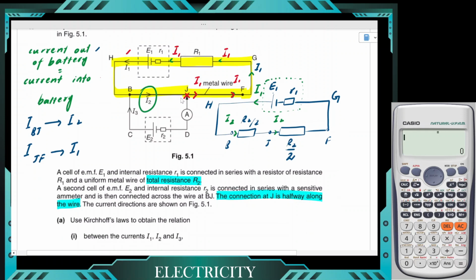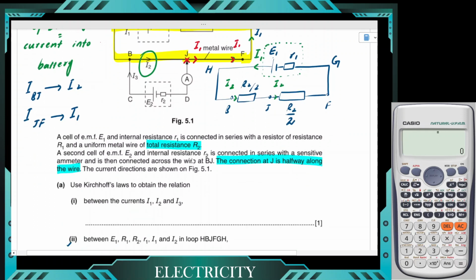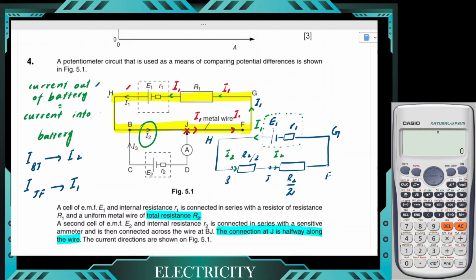So let's follow the sequence, and we start off with the first one. Use Kirchhoff's law to obtain the relation between the currents I1, I2 and I3. You can choose any junction, whichever is most convenient.